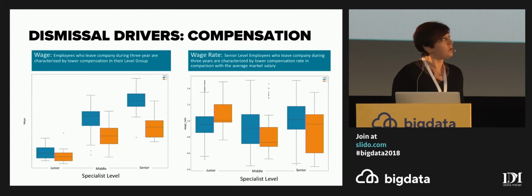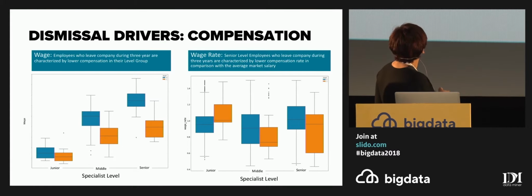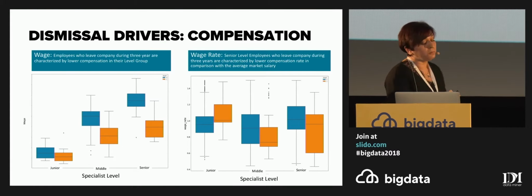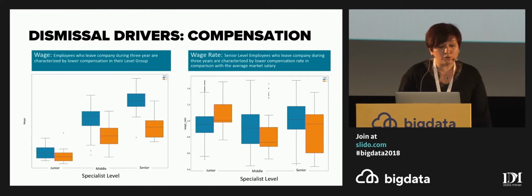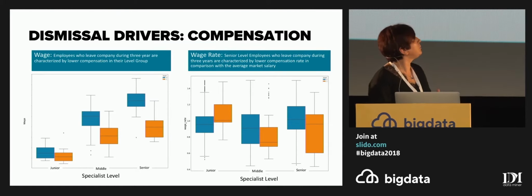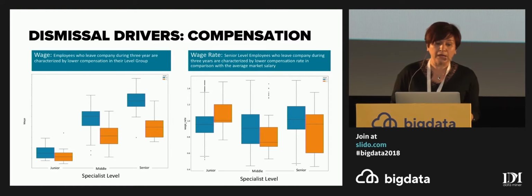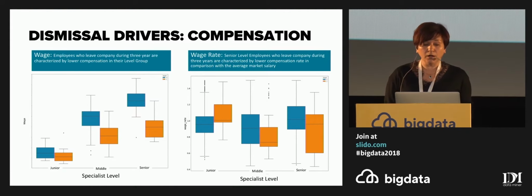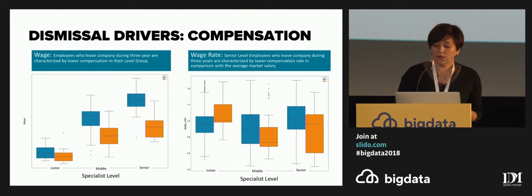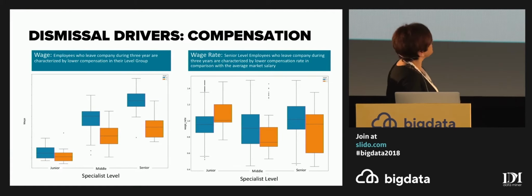On this box plot, the blue box plot relates to employees who decided to continue to work for this company, and the orange box plot relates to employees who decided to leave the company. According to the analysis, we got the following results.